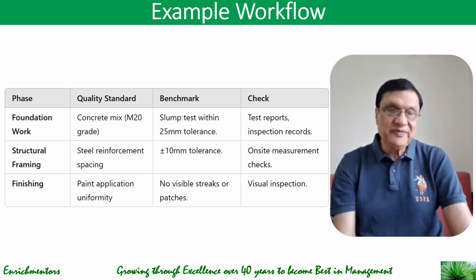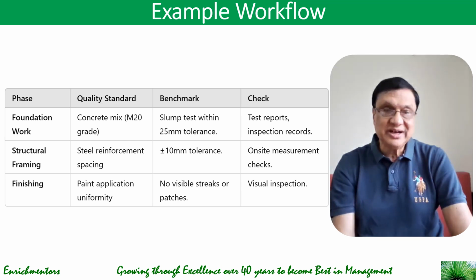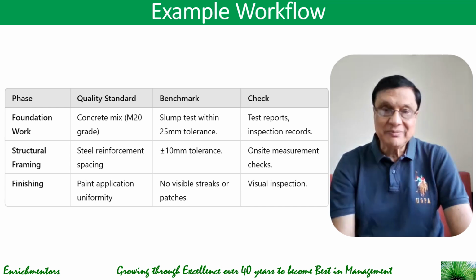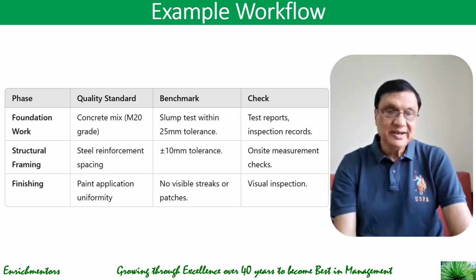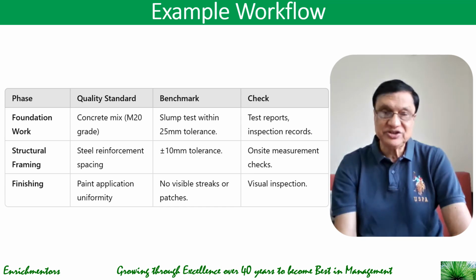In the structural framing phase, you would set up steel reinforcement spacing quality standards. The benchmark could be plus or minus 10 tolerance, checked by on-site measurements. In the finishing phase, you will need quality standards for paint application uniformity, and your benchmark could be no visible streaks or patches, checked through visual inspection.